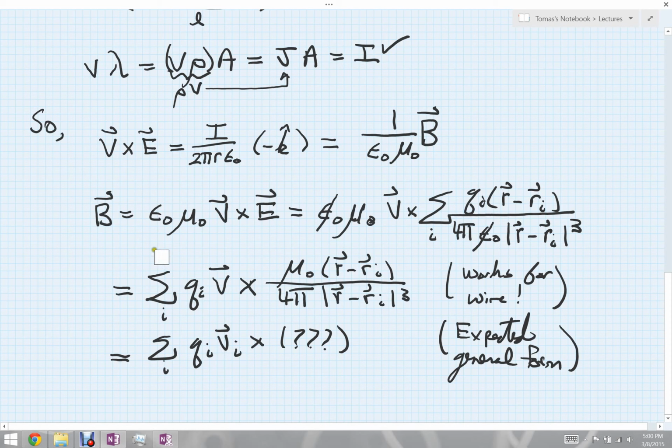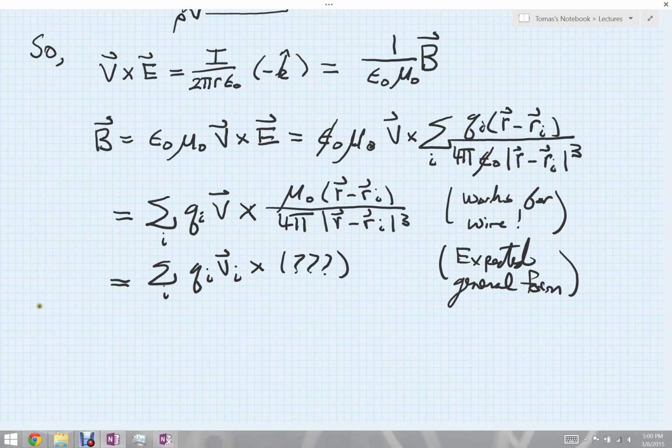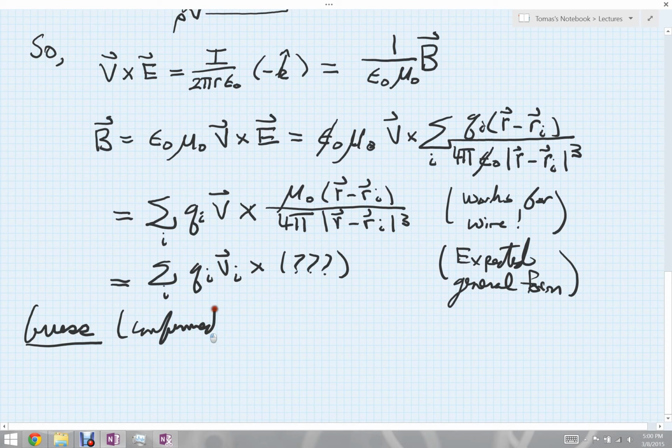I would expect to get exactly this form, except instead of just this generic v that everyone has, each individual velocity should appear. So that would be our best guess. So our final guess, and it's a very highly educated guess, and it's been confirmed in experiments over and over again. So it's confirmed empirically.